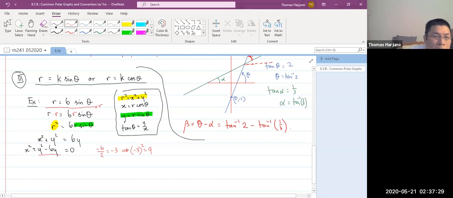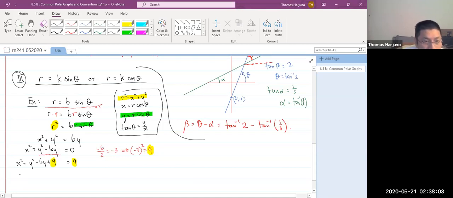That way, I know I need to add 9 to both sides. So the procedure to complete the square again is the leading coefficient has to be 1. Then you take the coefficient of the y only, divide it by 2, and then square.